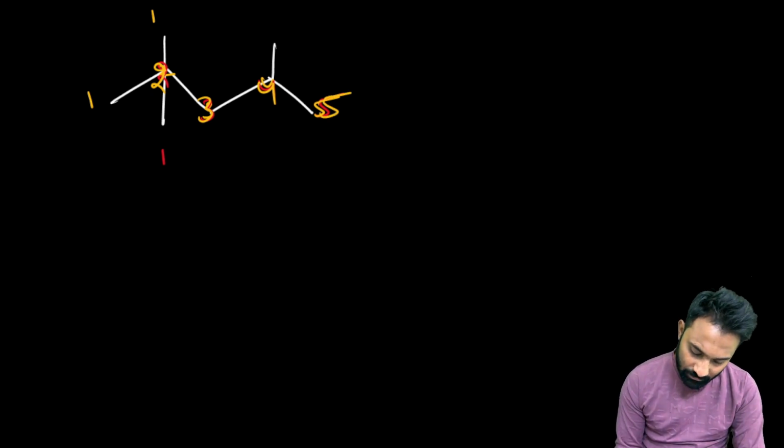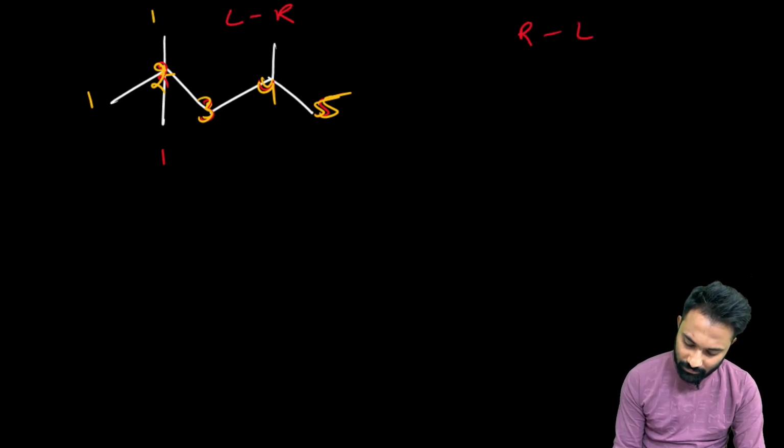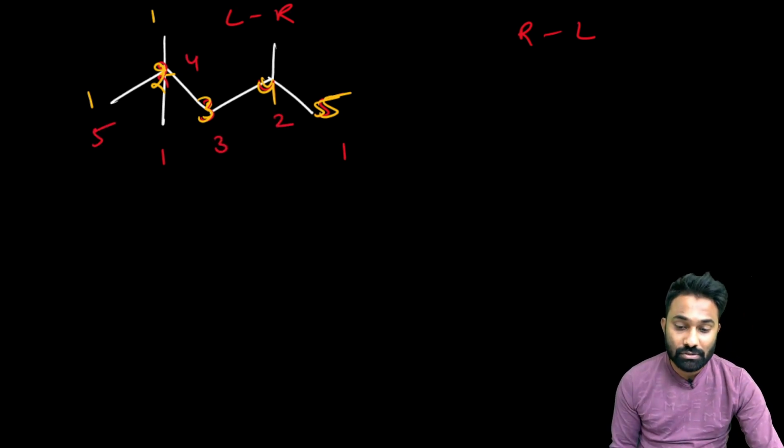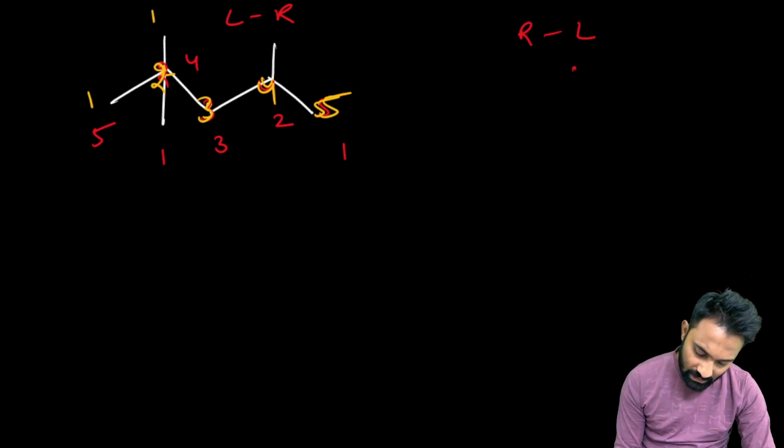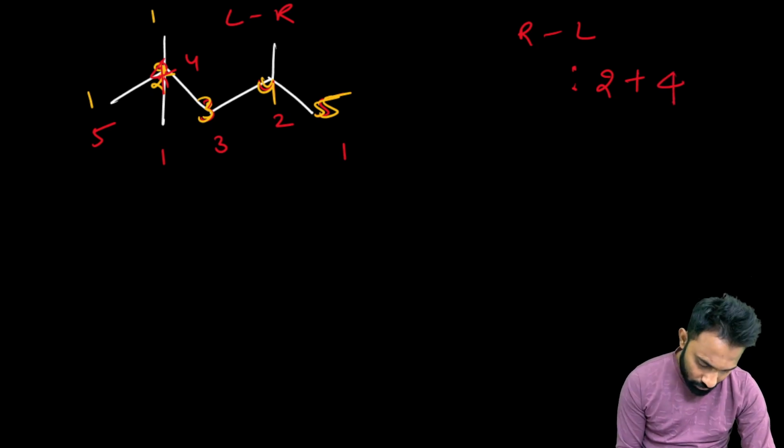Then if you start the numbering from here, now we have given the numbering from left to right. Now start the numbering from right to left. Here 1, here 2, here 3, here 4, here 5. Now check the locant sum rule. Substituent should get the least number, right? In the red case, right to left, substituents are getting 2 and 4.